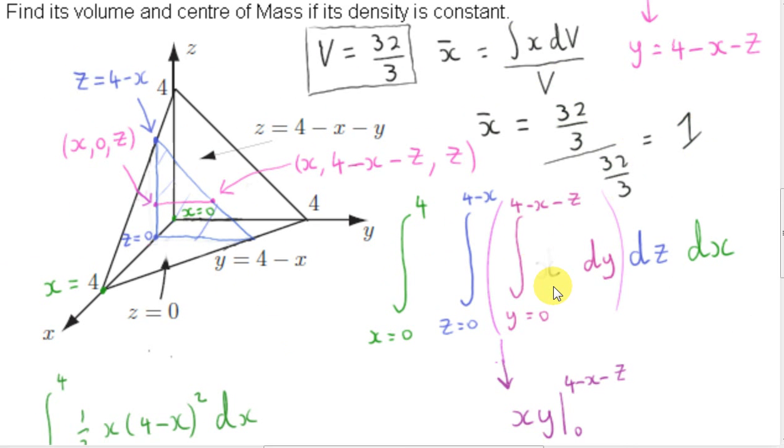Okay, as I said earlier, if we want to get y bar, we have to do this triple integral with y here. And if we want z bar, we have to put in z. Now, however, we can exploit the symmetry of this tetrahedron to find y bar and z bar. So, x bar is 1.